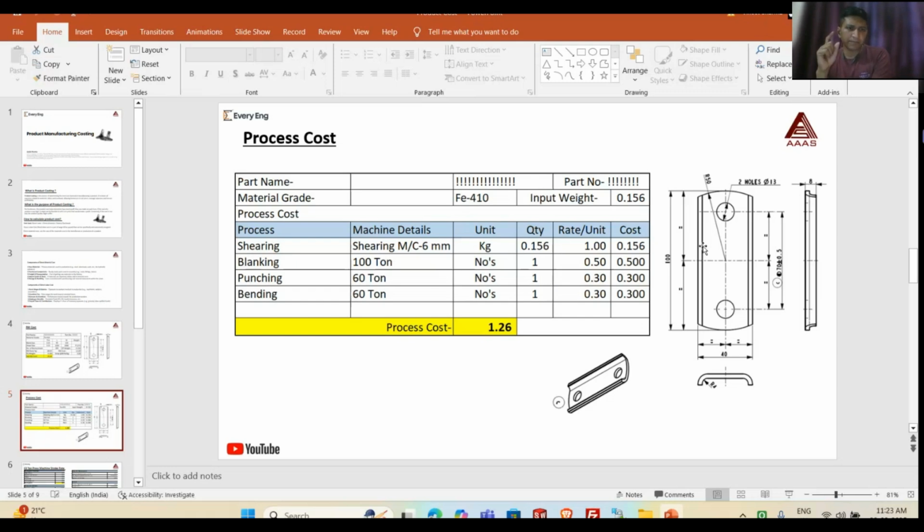And one major point: in our industries the cost is 450 paisa, maybe in a big company like Tata Motors this cost will be 1 rupee, and in Europe and other countries this cost may be 2 rupees. So cost varies from place to place and company to company.